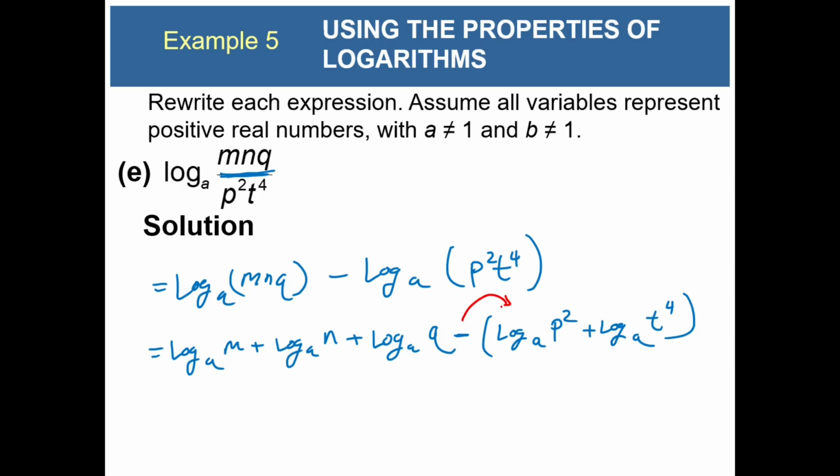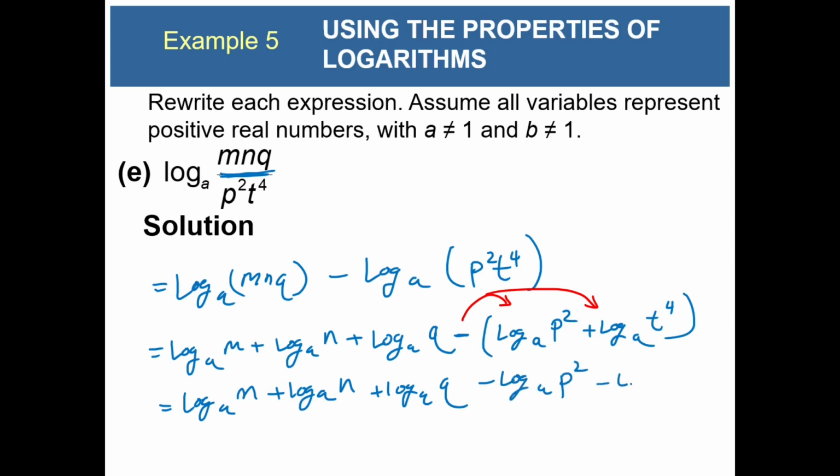Now we can distribute the negative through the right side. We have log base a of m plus log base a of n plus log base a of q minus log base a of p squared minus log base a of t to the 4th.